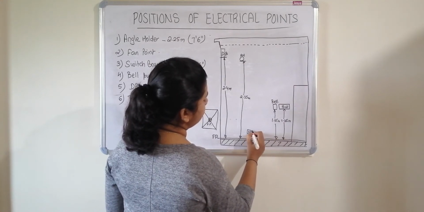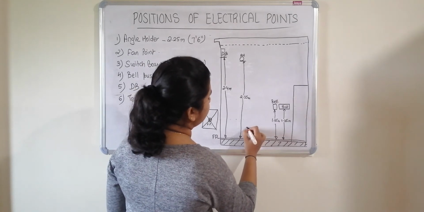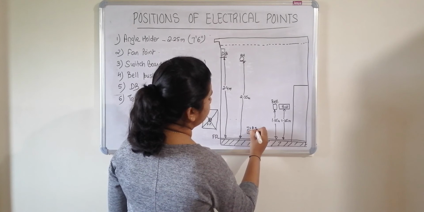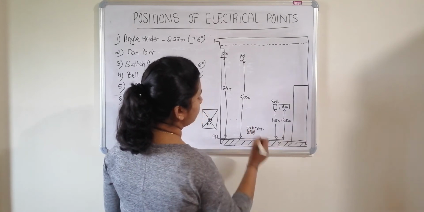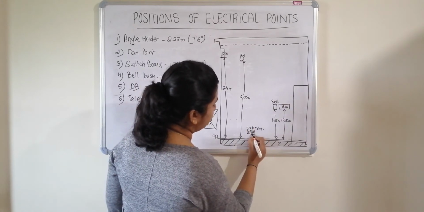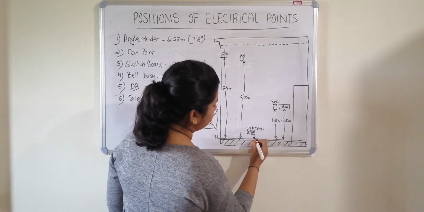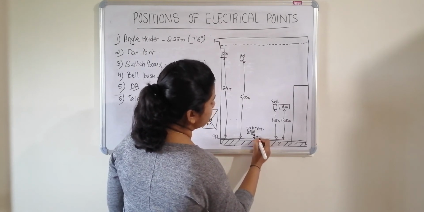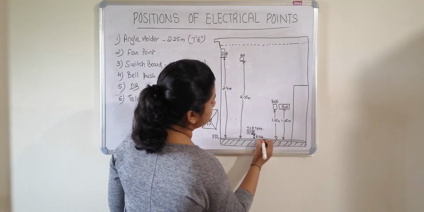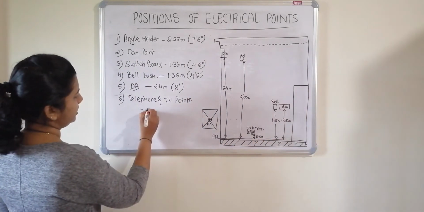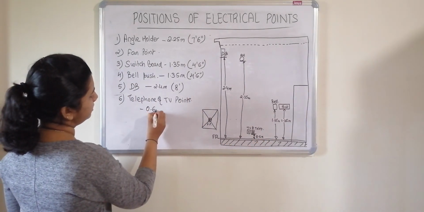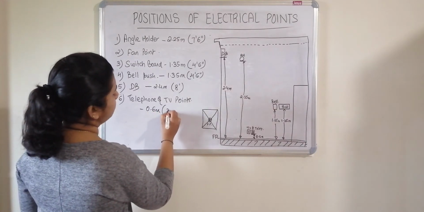This will be your TV and telephone. And the height from the bottom to the floor level will be 60 cm, that is 0.6 meter. So this is your 0.6 meter, that is 2 feet.